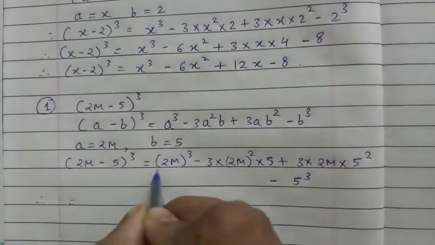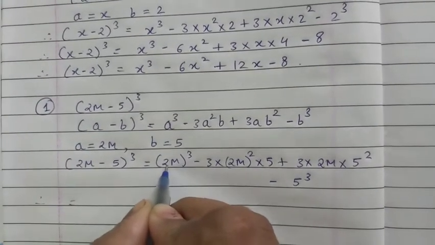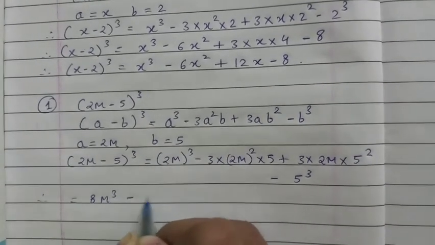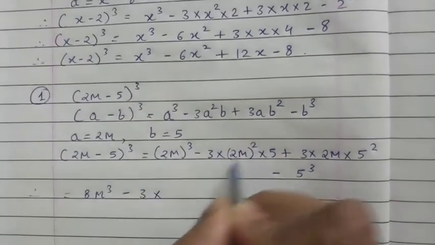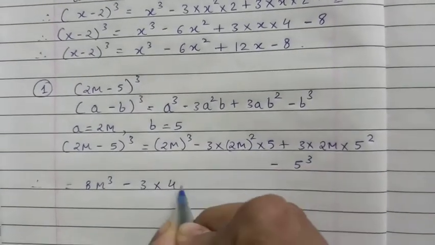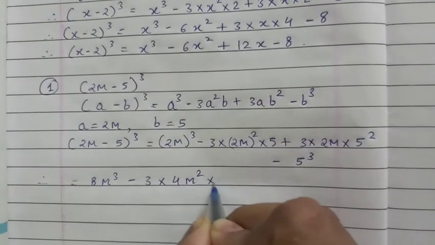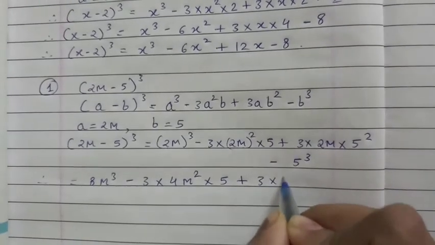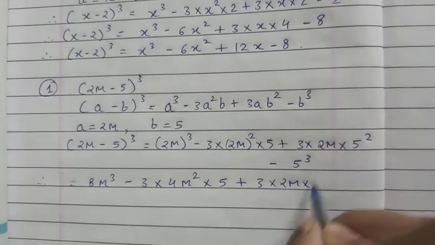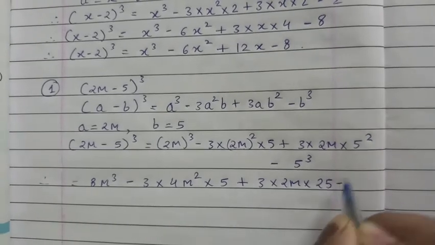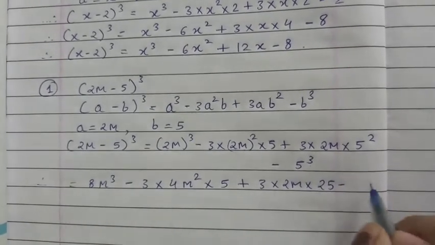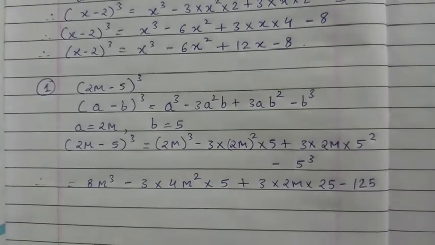Now solve it. 2 cube is 8 and m cube, minus 3 into 2 square is 4 and m square, multiplied by 5, plus 3 into 2m into 5 square is 25. 5 5s is 25. Minus 5 cube: 5 5s are 25, 25 5s are 125.